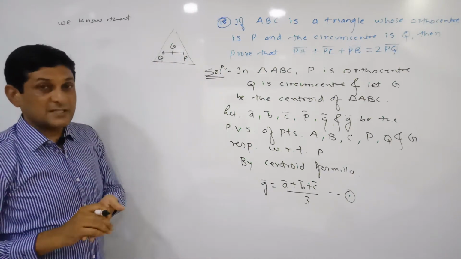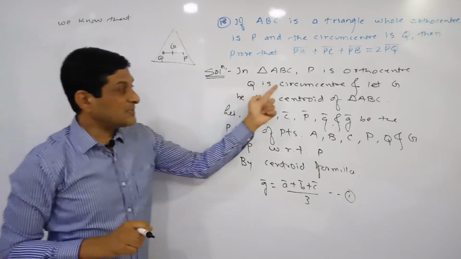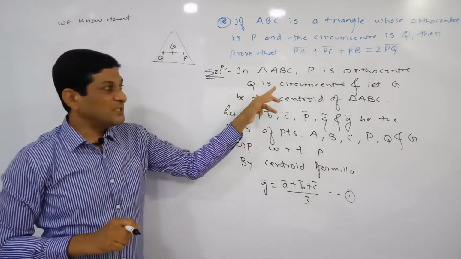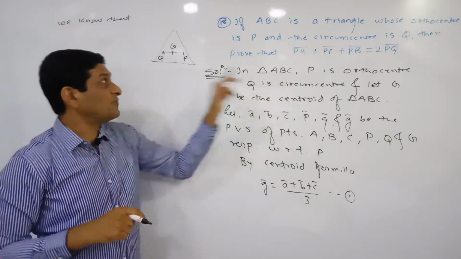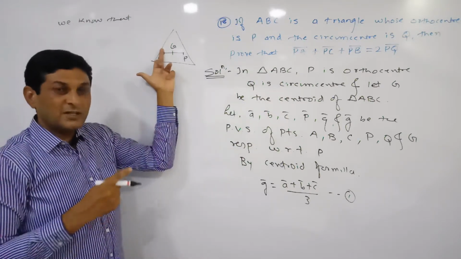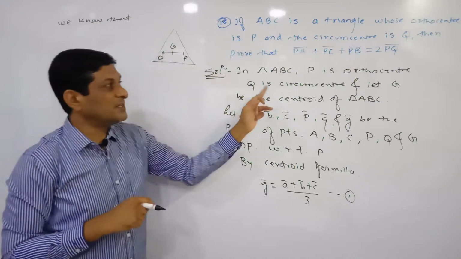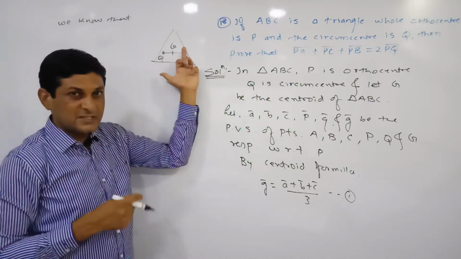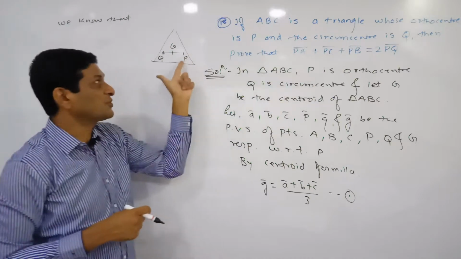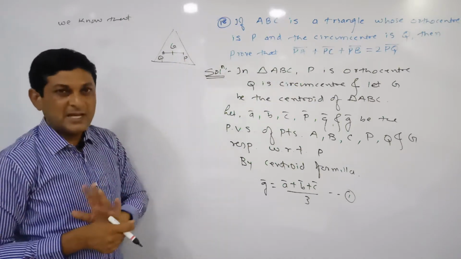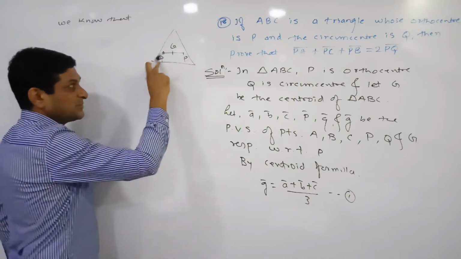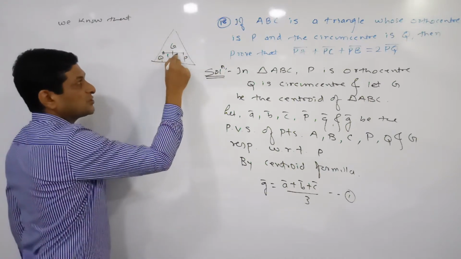So try to understand. Circumcenter starts with C. Orthocenter starts with O. Which alphabet comes first? C. So first write down C, which means circumcenter, but here it is denoted by Q. Then write down the orthocenter, which is denoted here by P instead of O. And remember that the centroid divides the segment joining the circumcenter and orthocenter in which ratio? 1:2.